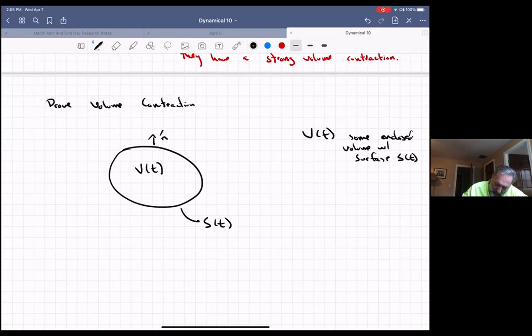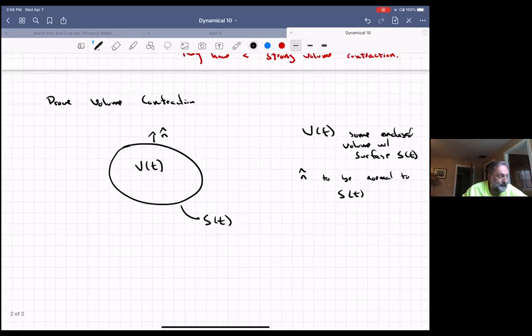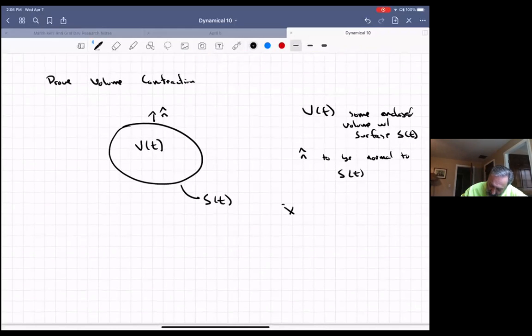We're going to define n hat to be the normal to the surface, right? And then we're going to say that x vector dot is some f vector of x.